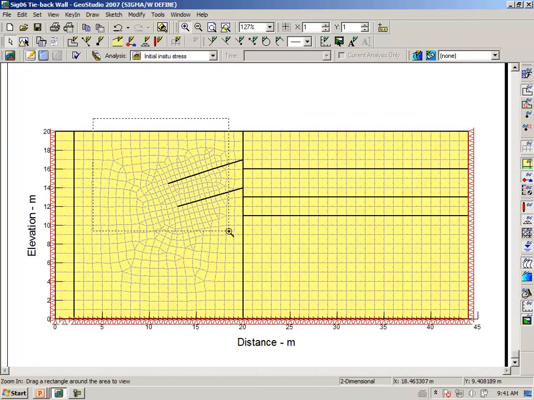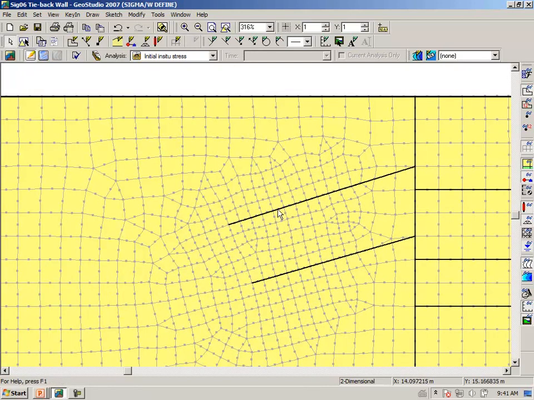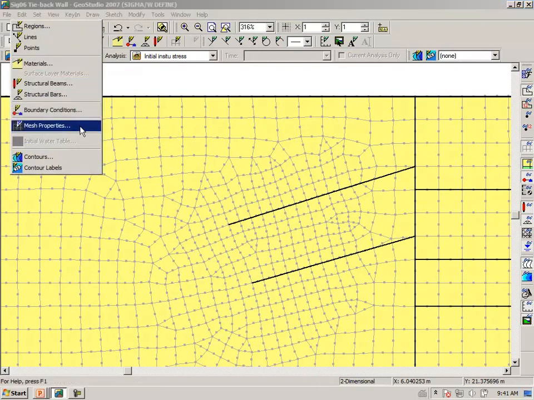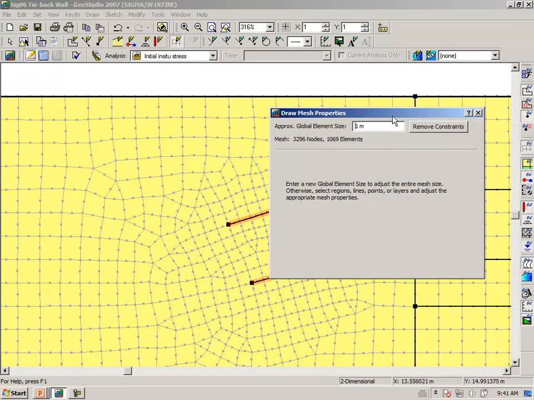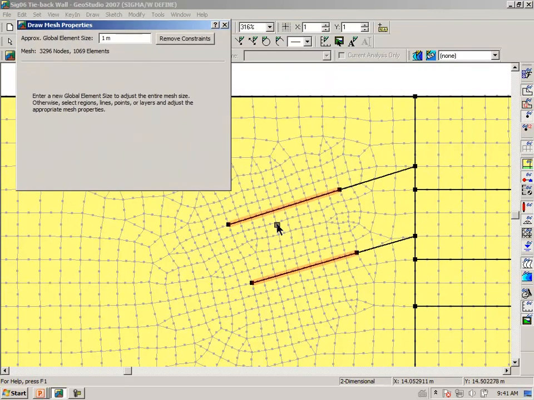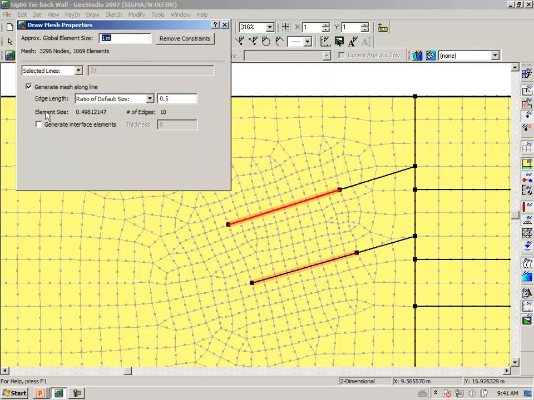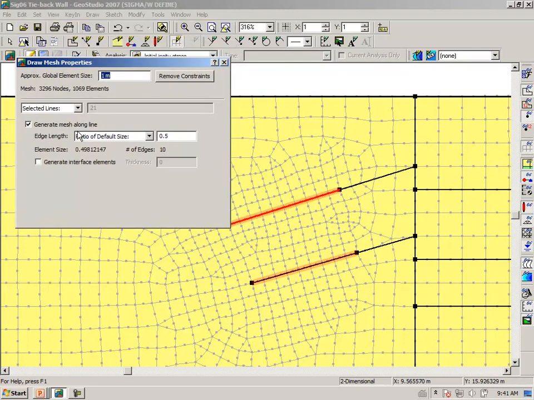It's very important to realize that these are geometric lines, and if we say draw mesh properties and click on a line, notice that we have said that we want to, number one, generate a mesh along the line, and we want to have smaller elements along this line than the global average size of 1 meter. We have then meshed these 2 lines. They are 2 geometric lines in space.